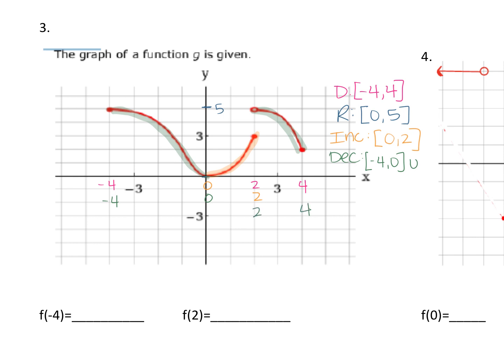Now that 2 has an open circle on it for the part that's going down, so that one gets the parenthesis. And then you have the 4. That gets the bracket. Your constant is none, because there's no part of these lines that go flat side to side.